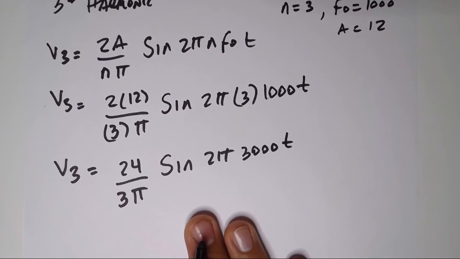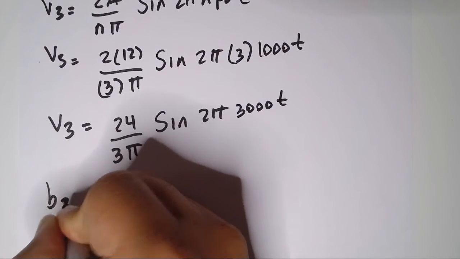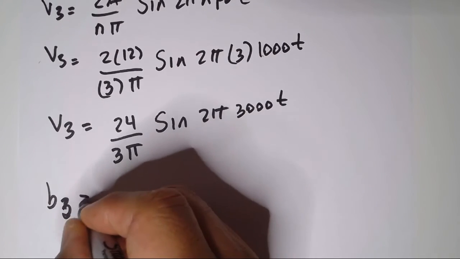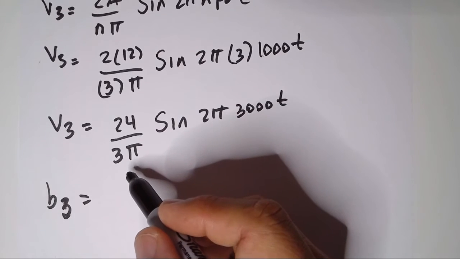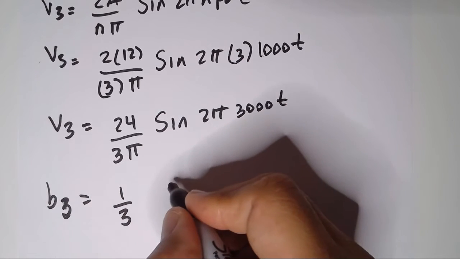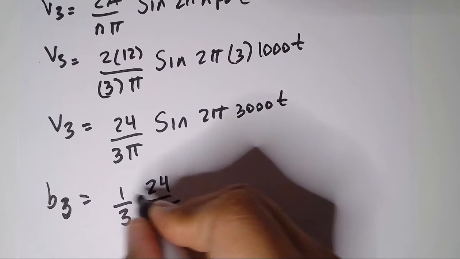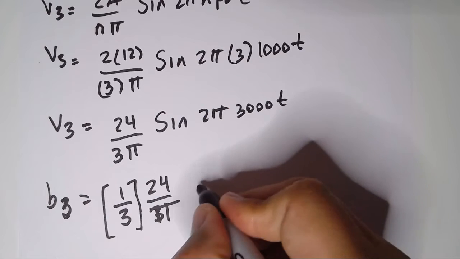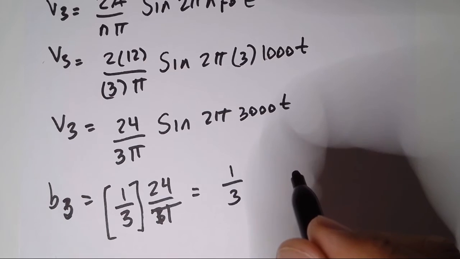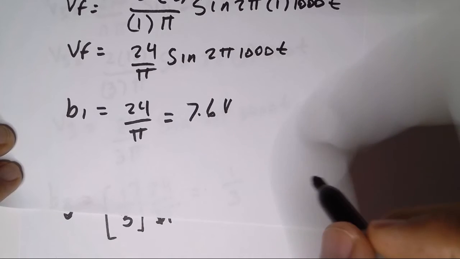That is our third harmonic, but also we need to find V3, sorry, V3. The amplitude, the exact number for the third harmonic. Let's factor out 1/3 here and keep 24 over pi. If we do that, this will be equal to 1/3, and we found previously that 24 over pi is equal to 7.6.